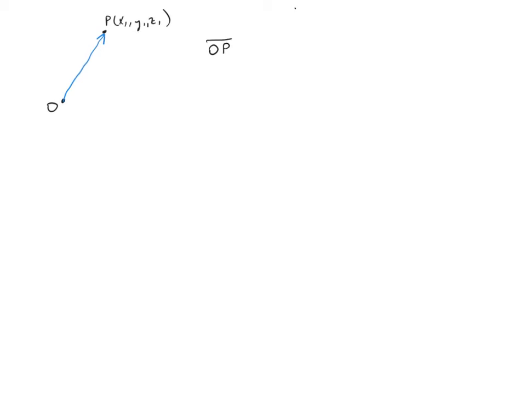This position vector has three components and they are in the direction of ax, ay and az. And their magnitudes are x1, y1 and z1 respectively. This is how to represent a position vector in Cartesian coordinates.